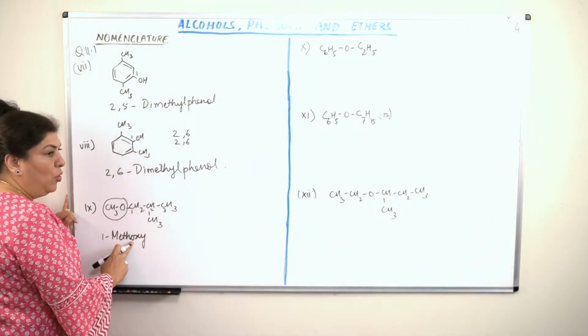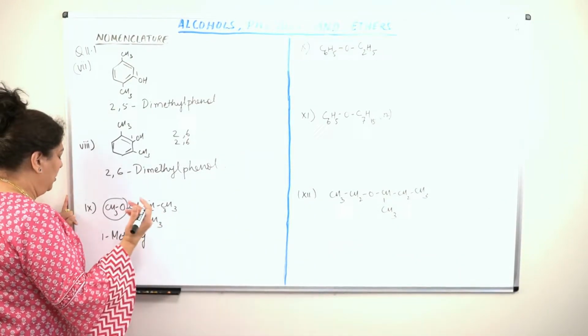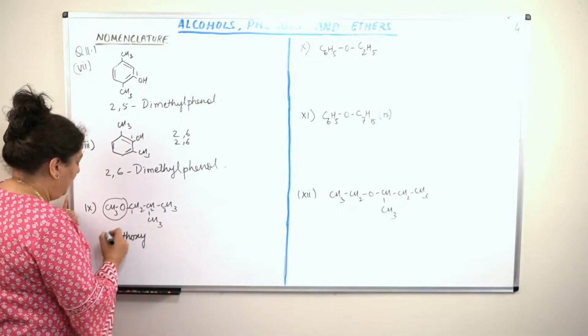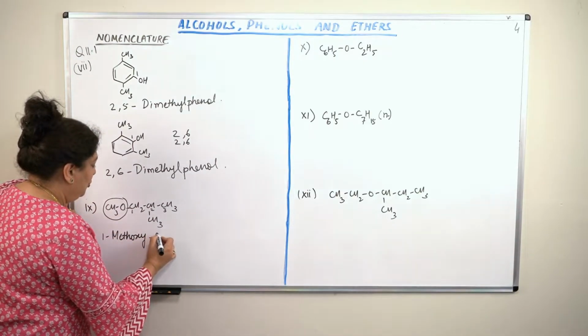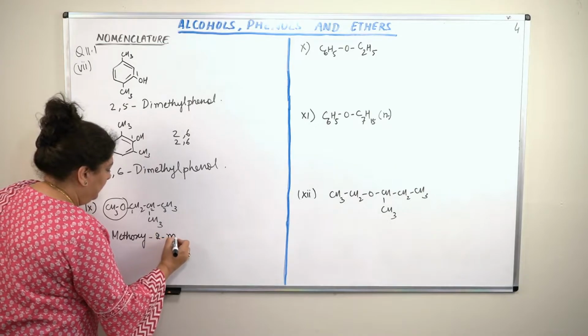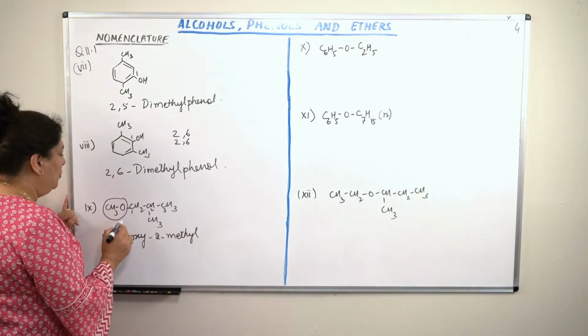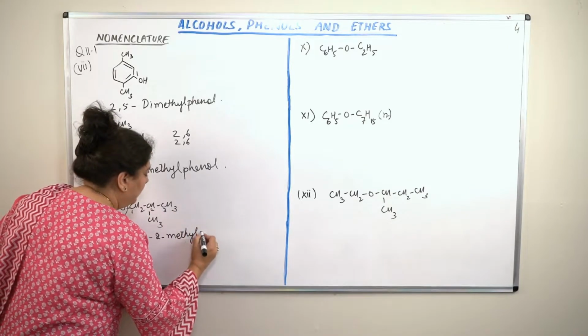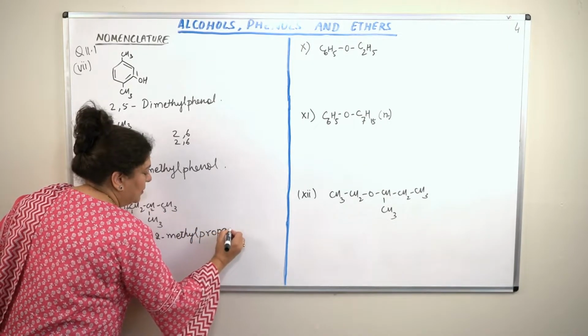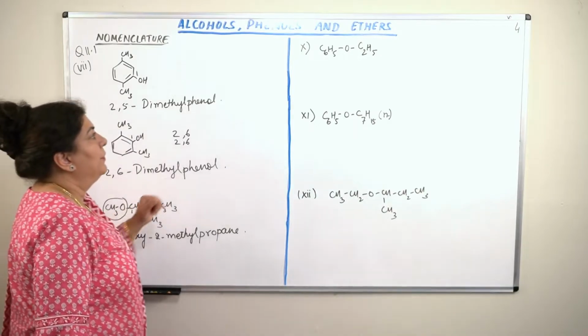O comes before Y. Just assuming this, 1-methoxy 2-methyl propane is the name of the compound.